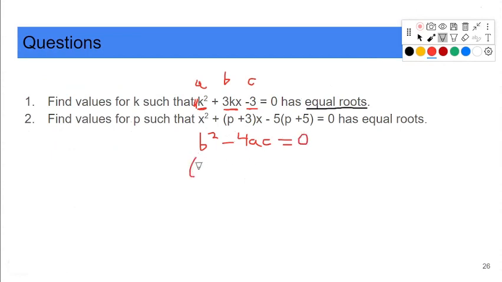That'd be 3k squared, and it's all squared. Just make sure you don't get that wrong. Minus 4 times a is 1 and c is negative 3. Also, don't make that mistake. Negative 3 equals 0.